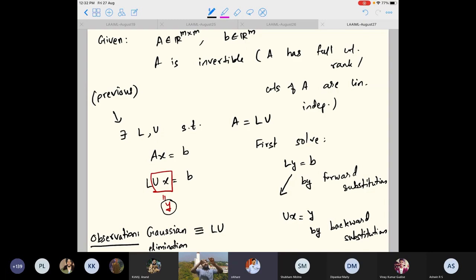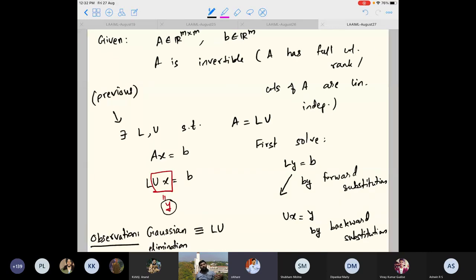You write L as L11 and all zeros, L21, L22 and zeros, U as U11, U12 and so on and so forth. Then you start multiplying the matrices and solving for L and U from the entries of A to obtain L and U. You don't need to do all these things. What you just need to observe is that Gaussian elimination is the same as LU decomposition.